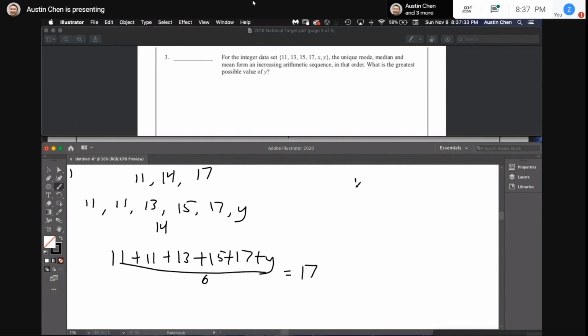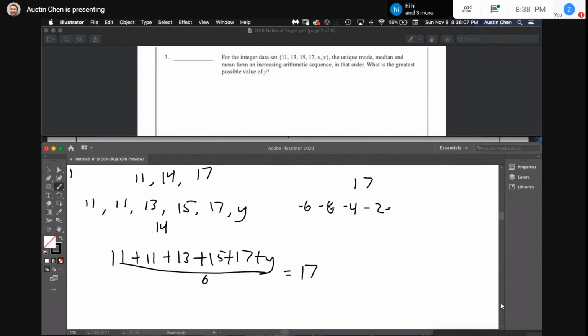Basically, look at the differences of each of the numbers to 17. 11 is 6 below 17, so I write -6, and there's another 11, so another -6. 13 is 4 below 17, so -4, and 15 is 2 below 17, so -2. And 17 is 0 below 17.